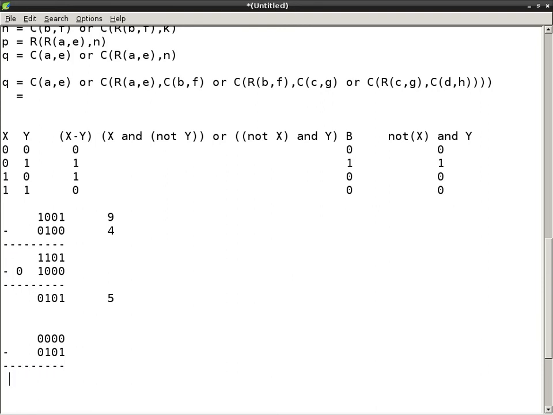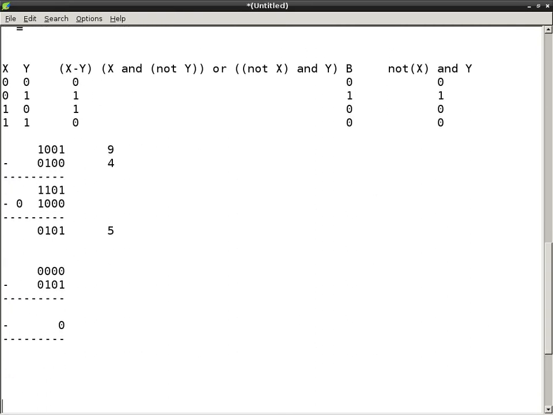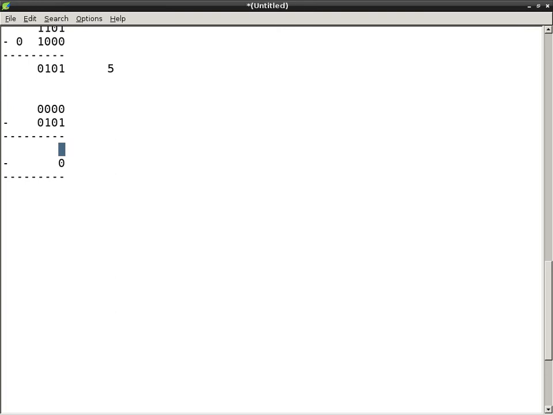This is all in base 2. 0 minus 1 is a 1 with a borrow. 1 minus 0 is a 1. 0 minus 0 is a 0. 0 minus 1 is a 1 with a borrow. 0 minus 1 is a 1 with a borrow. 1 minus 1 is a 0. 0 minus 0 is a 0. 0 minus 1 is a 1 with a borrow.